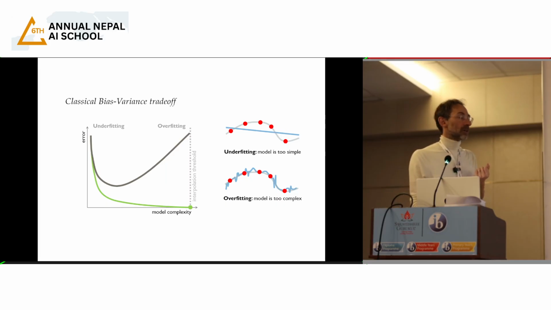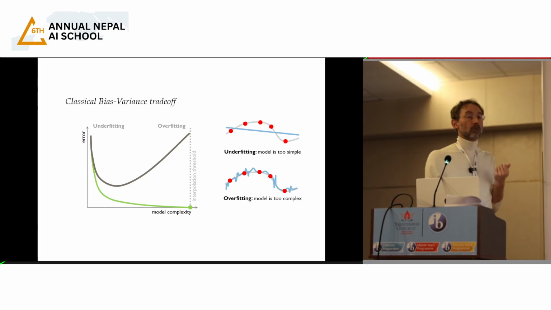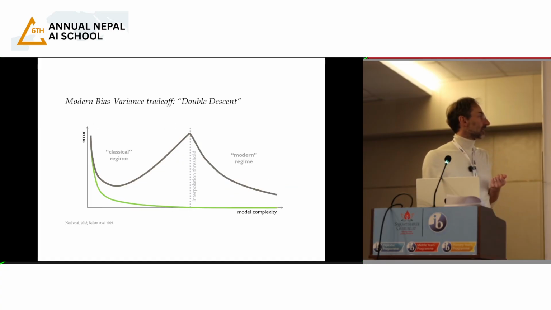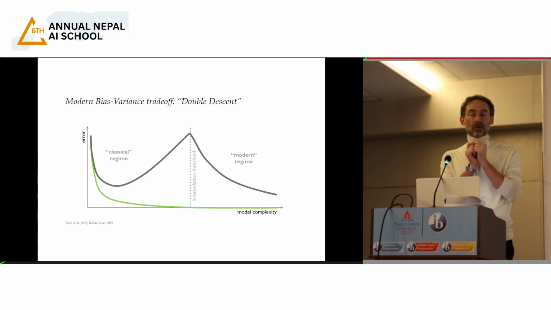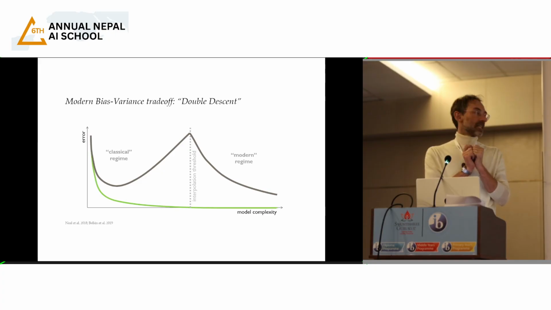Now in deep learning, we often have way more parameters than samples, so we can actually interpolate our data set. The training loss can be 0. We are in a situation where we have these interpolation thresholds. When the model is sufficiently complex, my approximation error can be 0, so I can fit the training set.